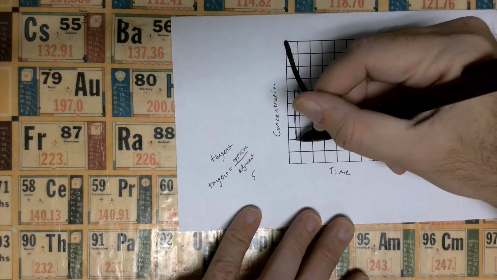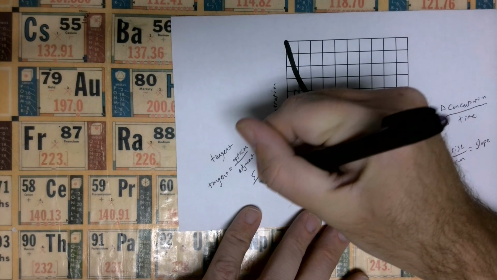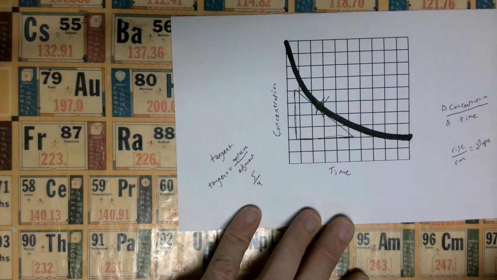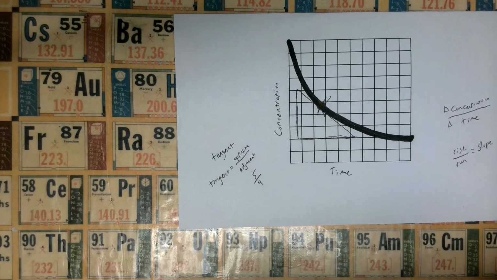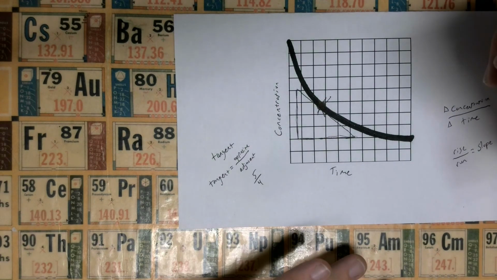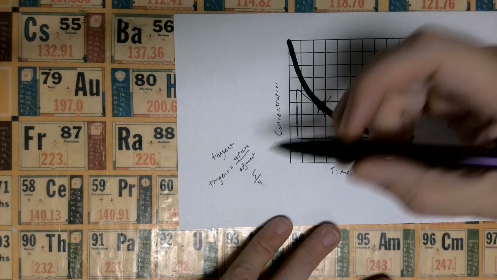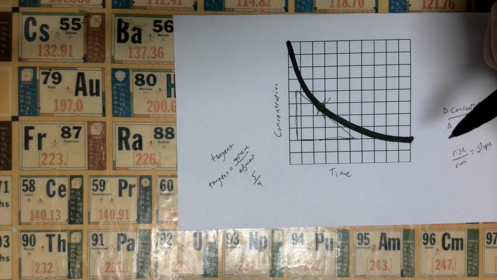And this is 1, 2, 3, 4. So it'd be 5 over 4, which would be 1.25 or whatever. Okay, 1.2. You'd calculate that, and you'd get the value of this side. Okay.